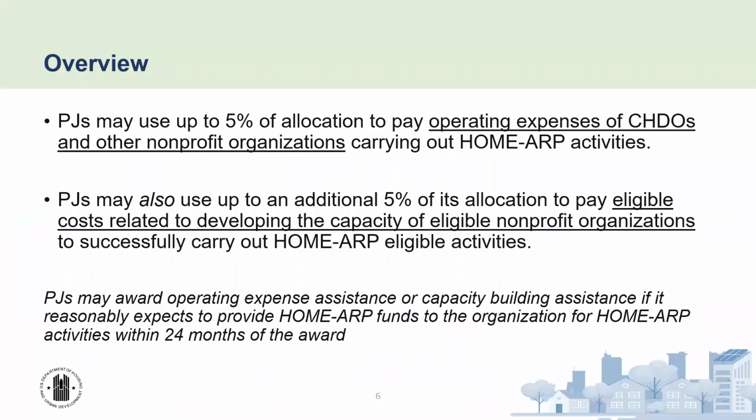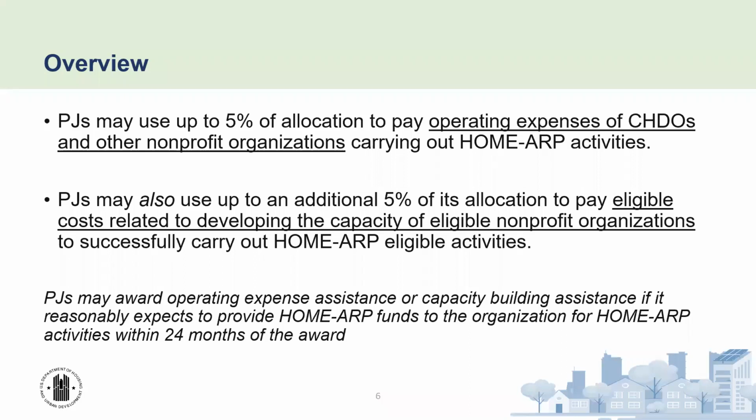So to begin with, PJs may use up to 5% of their HOME-ARP allocation to pay the operating expenses of CHDOs and other nonprofit organizations that are carrying out HOME-ARP activities. PJs may also use up to an additional 5% of their HOME-ARP allocation to pay eligible costs related to developing the capacity of eligible nonprofit organizations to successfully carry out HOME-ARP eligible activities.